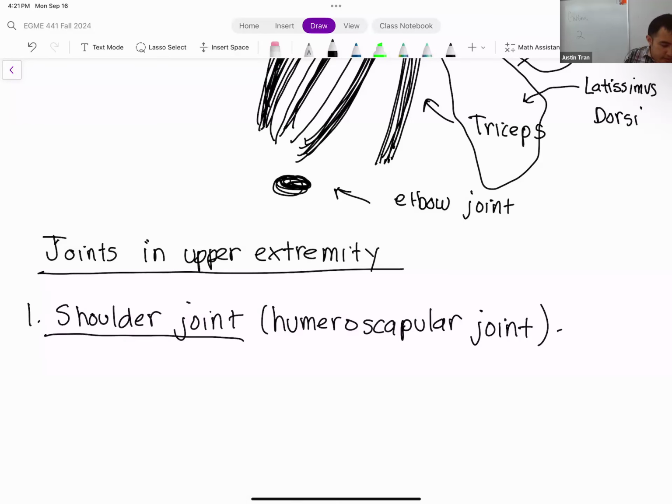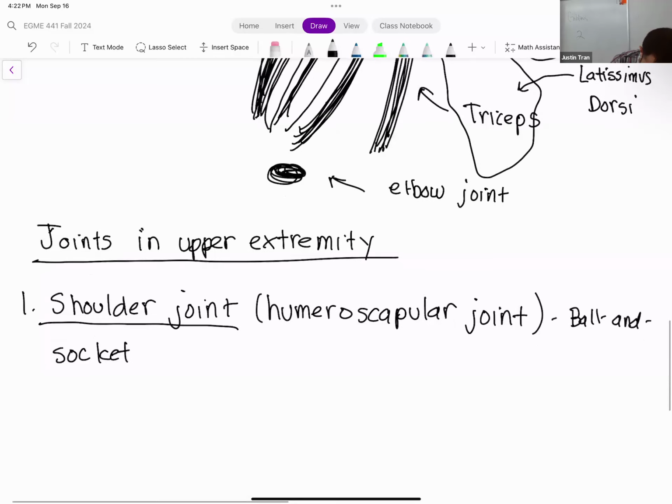So the shoulder joint is a ball and socket joint that's formed by the head of the humerus and the pit of the scapula.